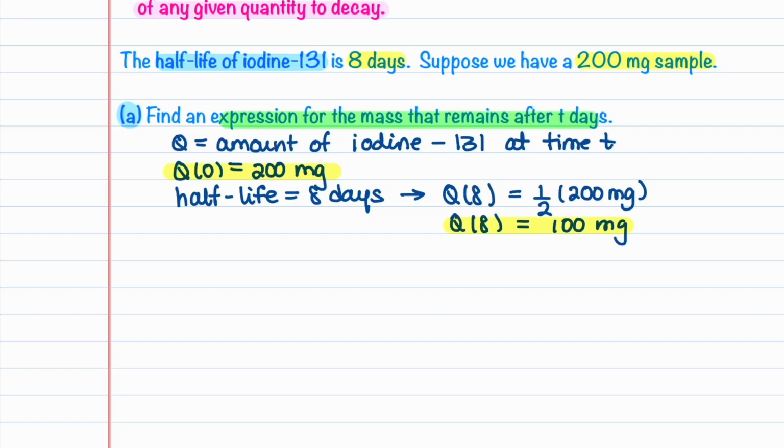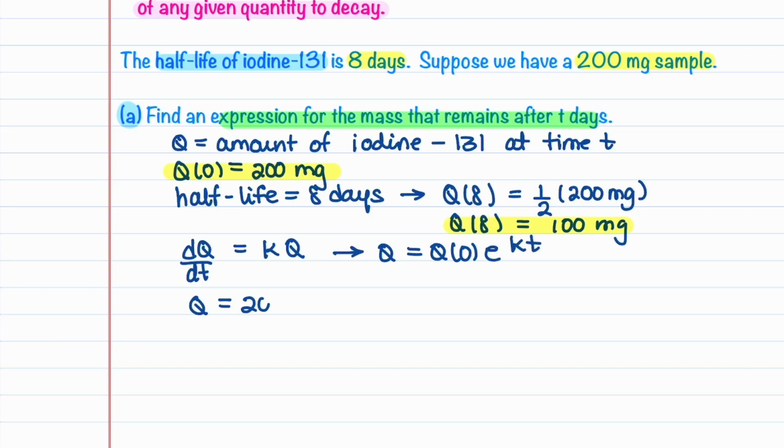The rate of change of any radioactive quantity is proportional to its size, so we can say that dQ/dt is equal to kQ, and that just means that Q is equal to Q at 0 times e to the kt. We know what Q of 0 is, so we can plug that in, and we can say that Q is 200 times e to the kt.